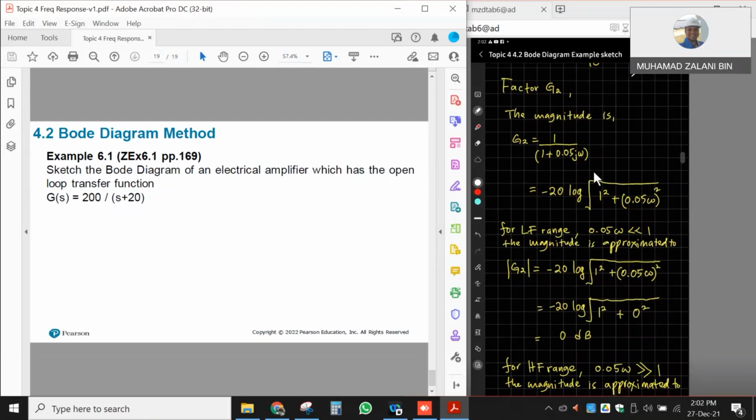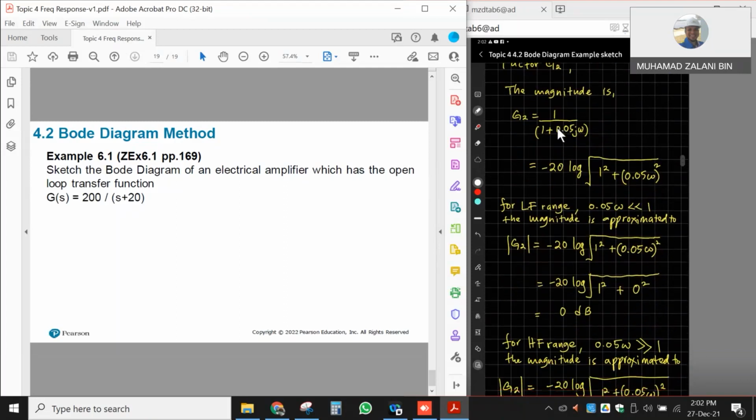Moving on, we calculate for the factor G2, which is much more complicated because it is a first order transfer function. So the magnitude of G2 is represented by 1 over 1 plus 0.05 j omega.